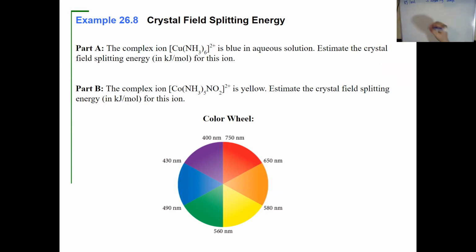So we're going to say that the wavelength of average orange light, which is right in the middle here, will be like 615 nanometers. And that is all the information that we need to answer this question.